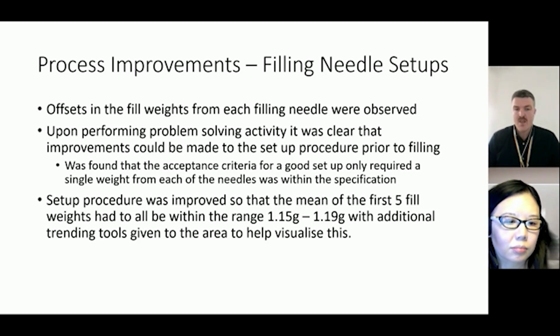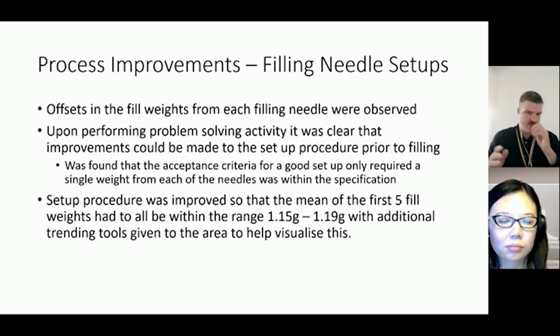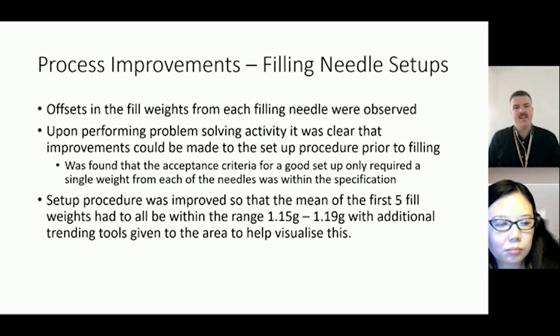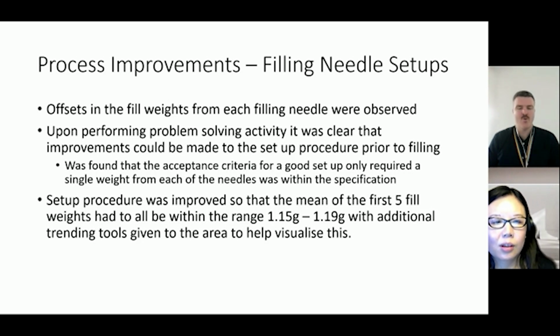The way they currently set them up is by setting pressures, speeds, all that sort of stuff. They then take a single measurement from each of the filling needles, and as long as that weight is within the specification, we run, which is quite risky, especially considering the variability in the process.